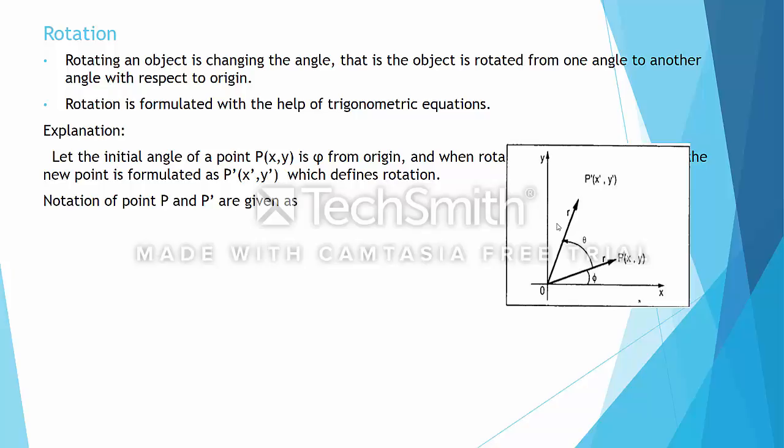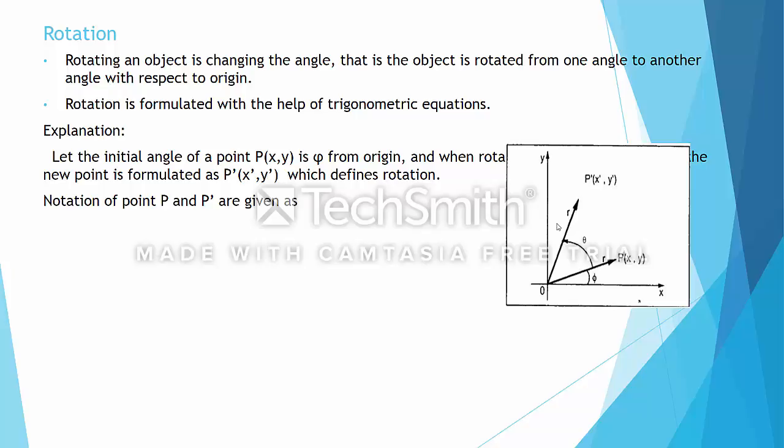The rotation can be better explained when we consider the following figure. We take the help of trigonometry in order to determine the rotation of an object. It is a little more complicated than the other types of transformations. In rotation, we rotate the object by a particular angle theta about the origin.